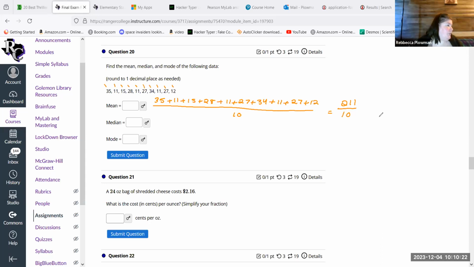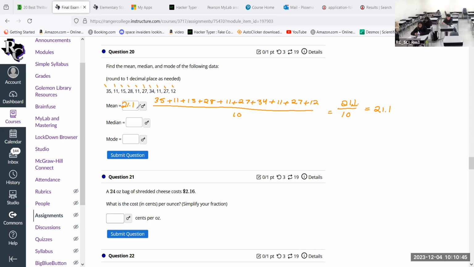I think it's like 10 numbers again, except they're much smaller numbers like 1, 2, and 3. So if you had to add it by hand, you should be able to do it. But like I said, we do this because we're dividing by 10. It just moves the decimal by 1, so it's going to be 21.1.